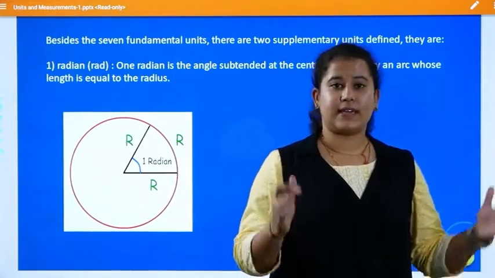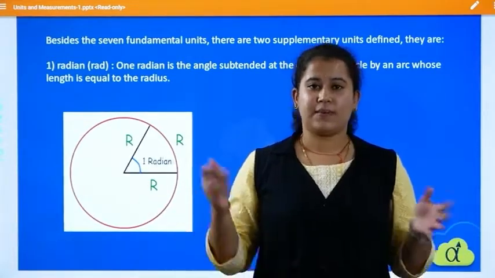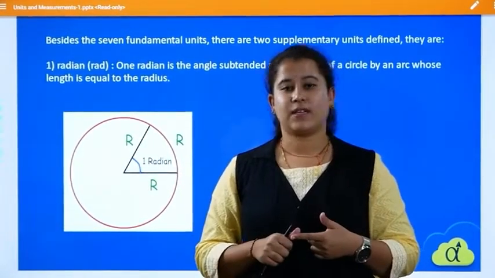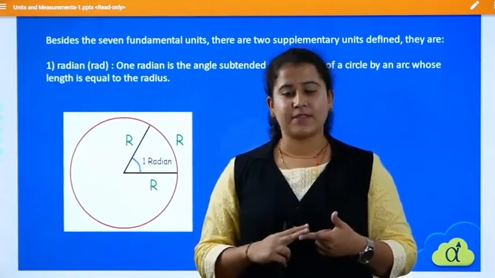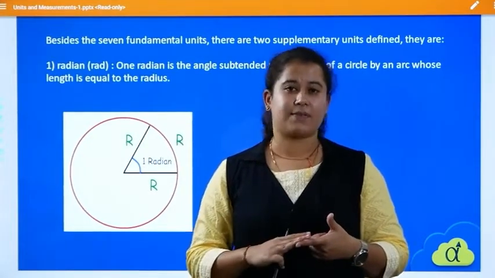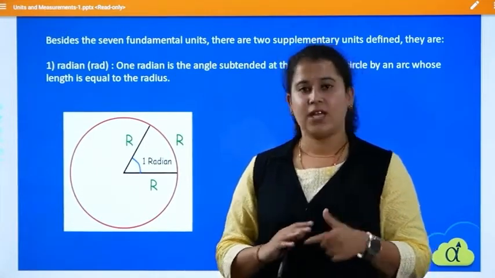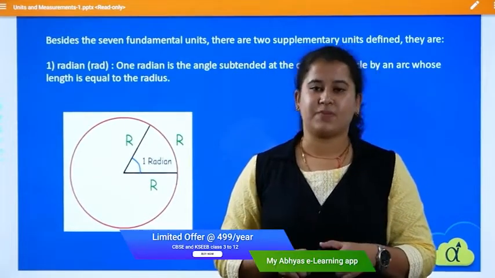But in the city, there are other bigger buildings than the building in your lane, right? Similarly, we have seen the SI units where mass is given by kg, length by meter, time by second, current by ampere, temperature by Kelvin, luminous intensity by candela, and amount of substance by mole.